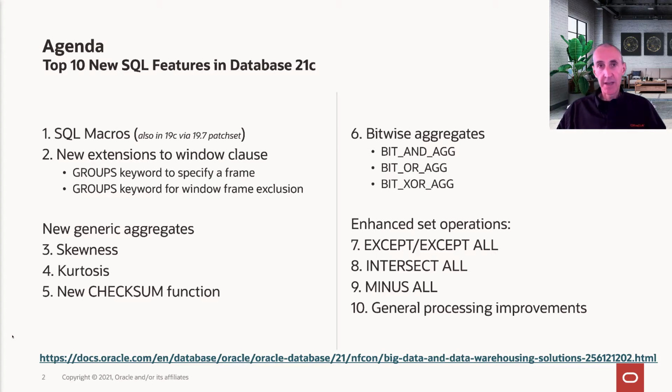Don't have to do anything, all you have to do is run your query and you're going to inherit automatically a whole series of amazing processing enhancements that will just speed up your queries. So don't be surprised when you upgrade to database 21c if your queries just run faster without having done anything. If you want to take advantage of some of the new features, and some of these are really high performance features, then let's dive in.